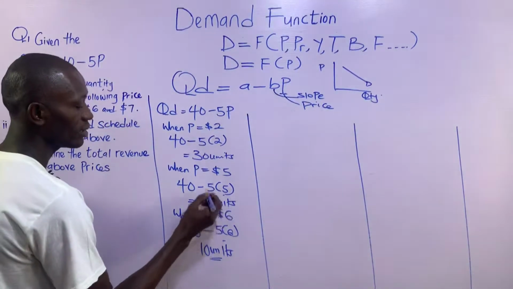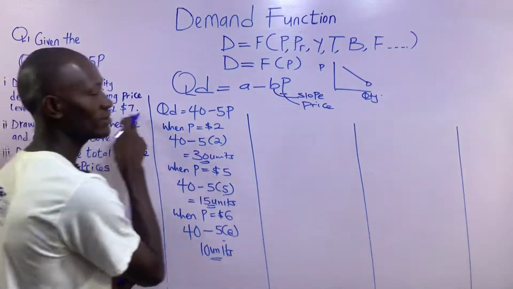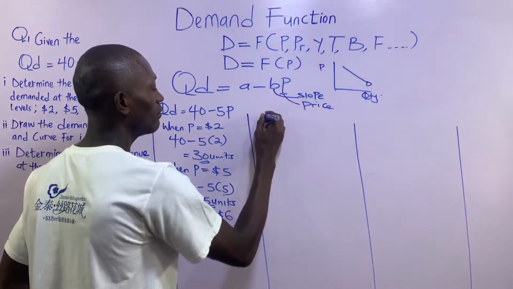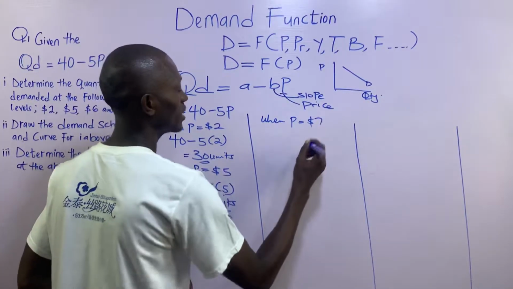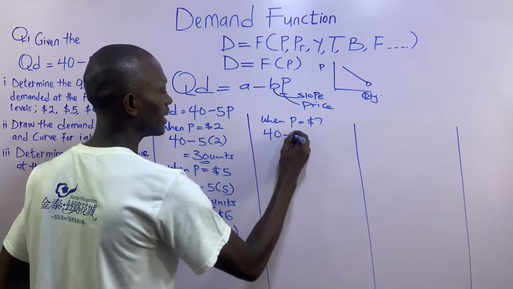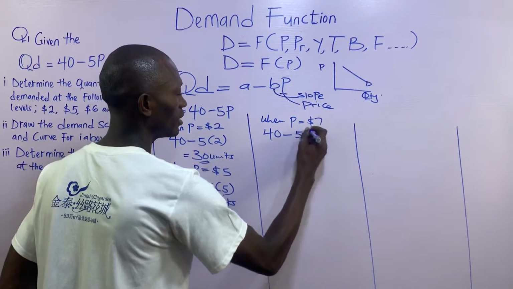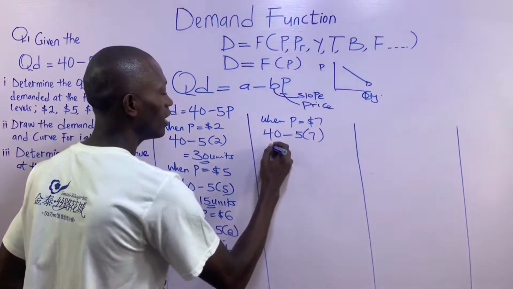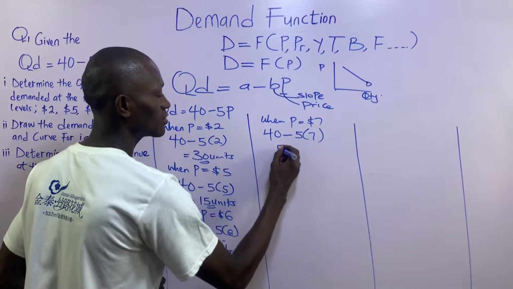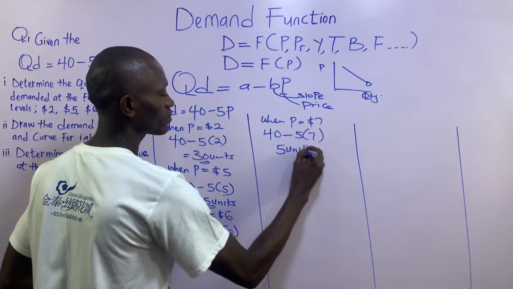And lastly, when price is $7, we have 40 minus 5 times 7. 7 times 5 gives us 35. 40 minus 35 gives us 5 units.